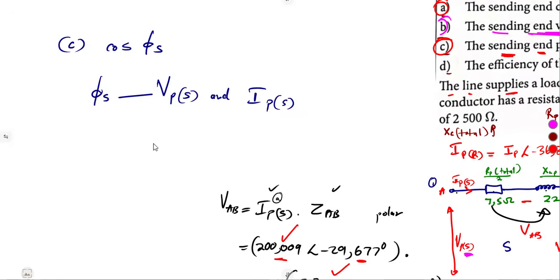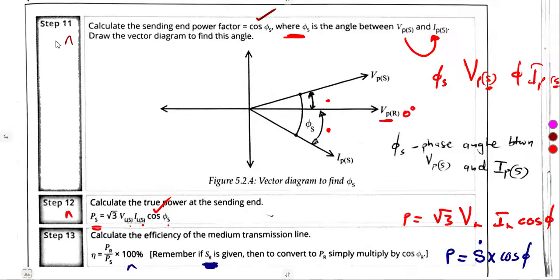So this is where we are going to need the vector diagram as we had on our step 11. Remember from the introduction part. Taking our VPR, the receiving end, as the reference, because those were the values that were given. Compare the angles that you're given, then add them together.